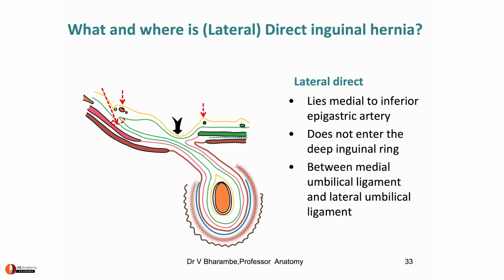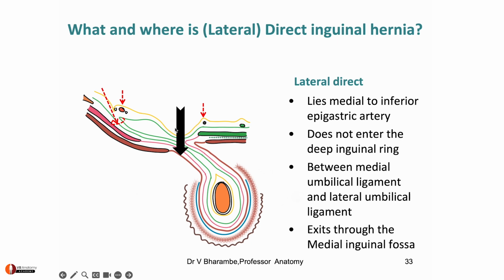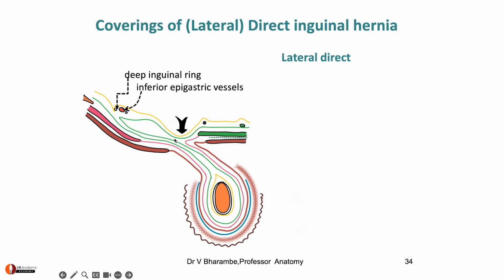Lying between the medial umbilical ligament here and the lateral umbilical ligament here, in this gap, through the medial inguinal fossa. It passes directly forwards like this, as shown. Then what are the coverings it will acquire? It should acquire peritoneum, it should acquire all this. Let's take a look at the layers. The layers that cover a lateral direct inguinal hernia are as follows.